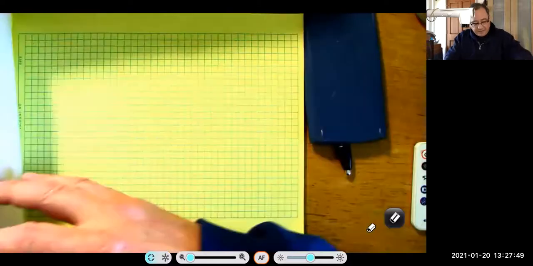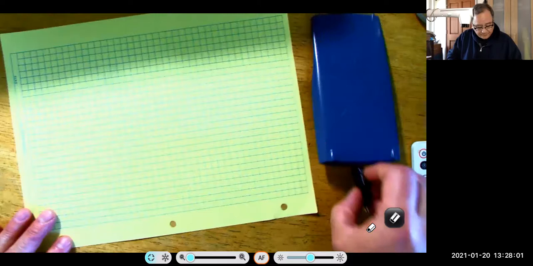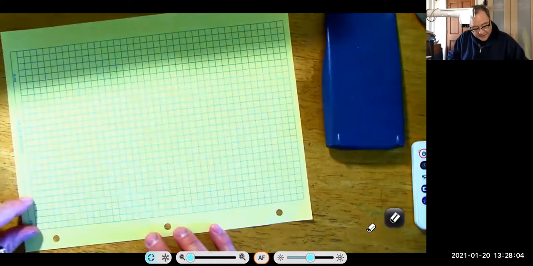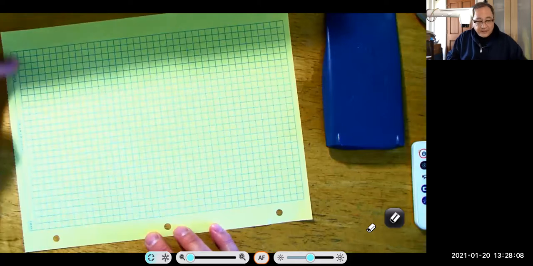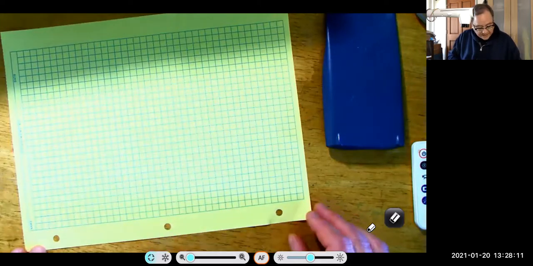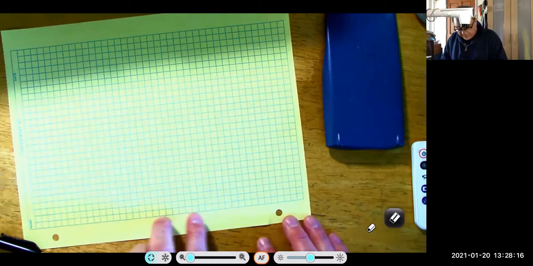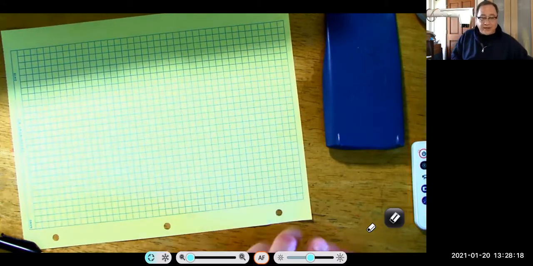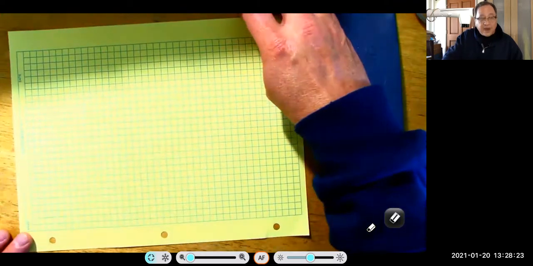I'm going to take a piece of graph paper out. Looking at this graph paper, I can see that there's about 5, 10, 15, 20, 25, maybe about 30 squares this way, and 5, 10, 15, 20, 25, 30, 35, and about 40 this way. Okay, so I'm going to plot that data on this graph.